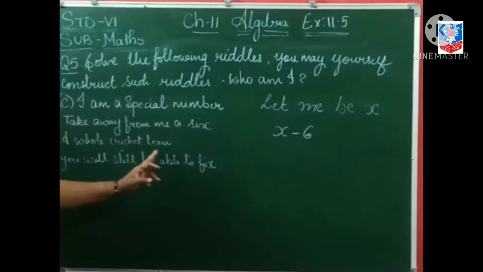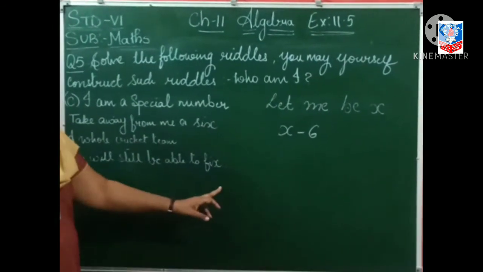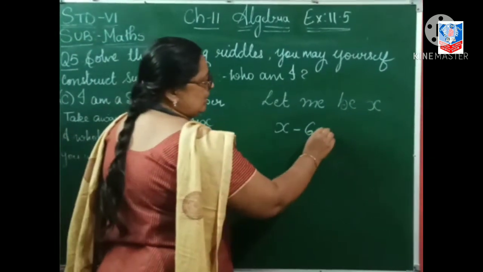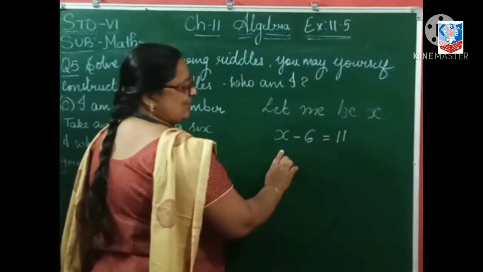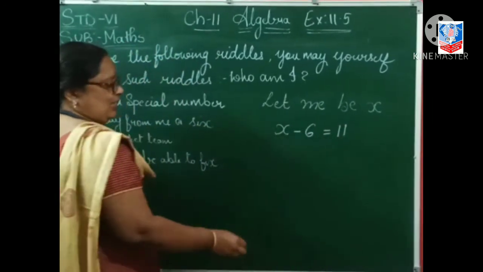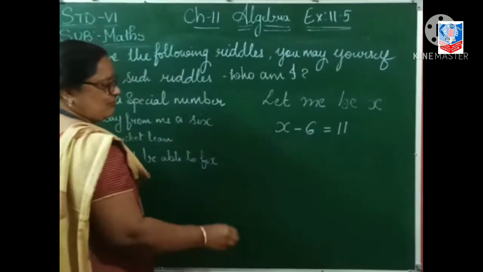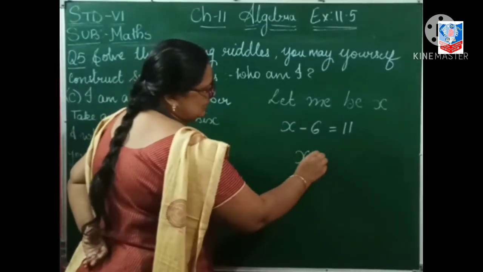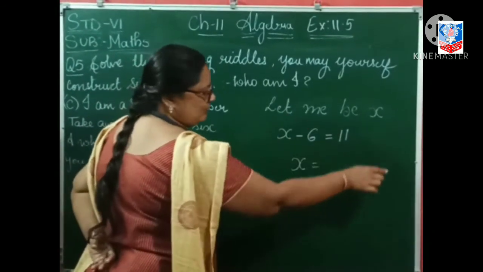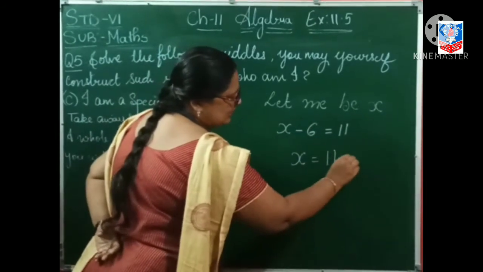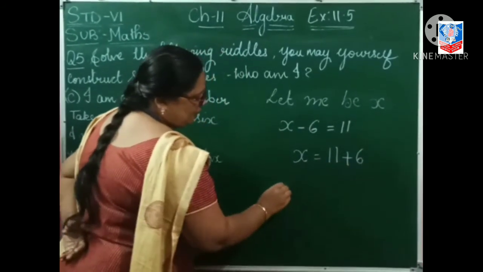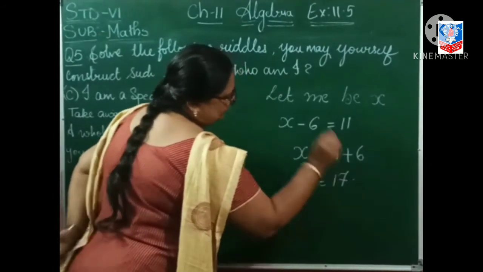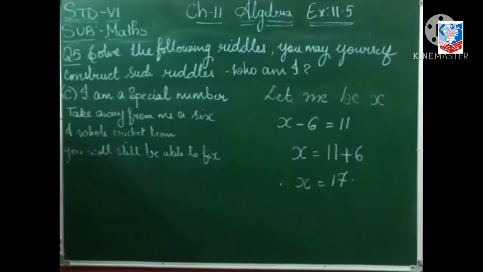A whole cricket team you will still be able to fix. So, how many members are there in a cricket team? 11. So, x minus 6 is equal to 11. Now, we have to find what is the value of x. Therefore, x is equal to, this minus 6 will come here. So, 11 plus 6. Therefore, x is equal to 17. Understood?